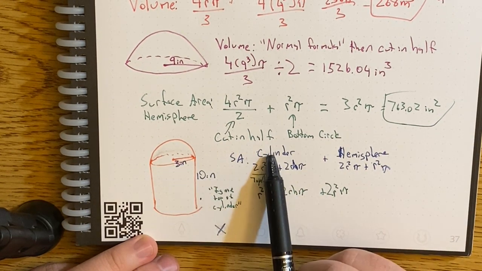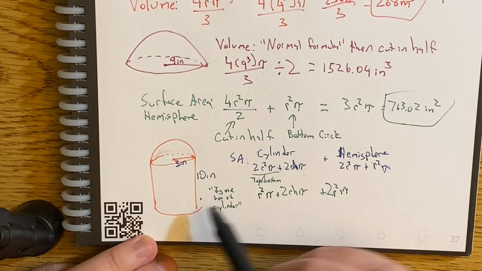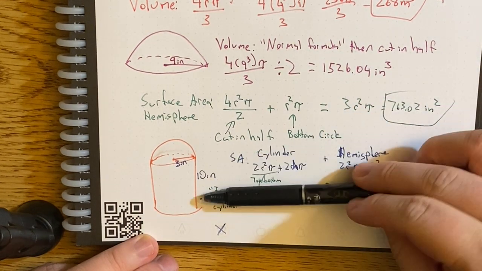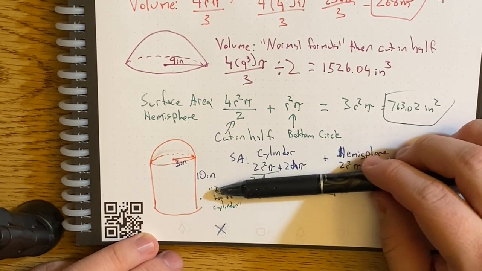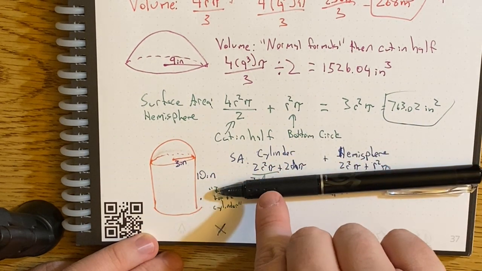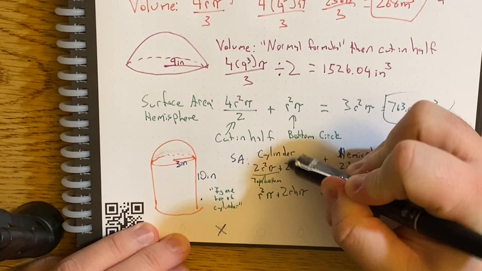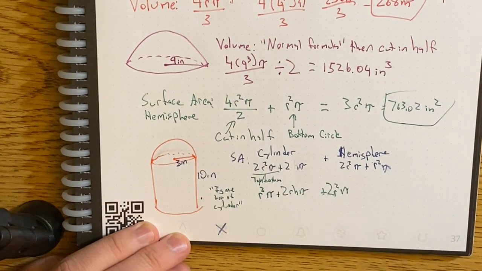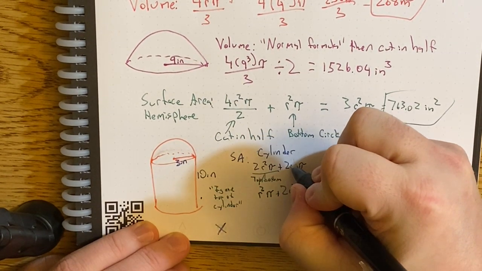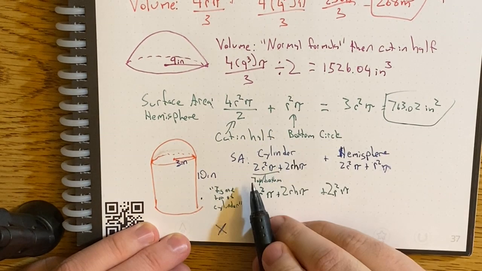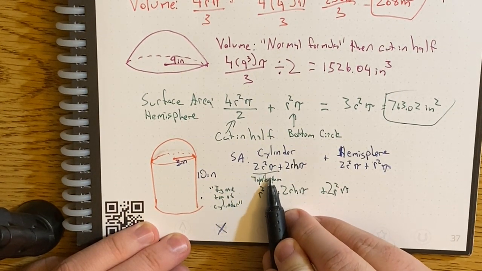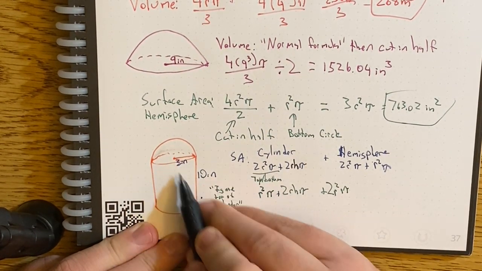It's a cylinder plus a hemisphere on top, right? This is the formula for the surface area of a cylinder: 2r squared pi plus 2rh pi. What you need to remember is that the 2r squared pi stands for the top and the bottom.